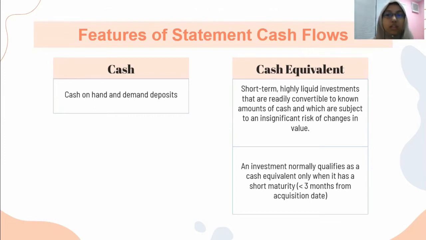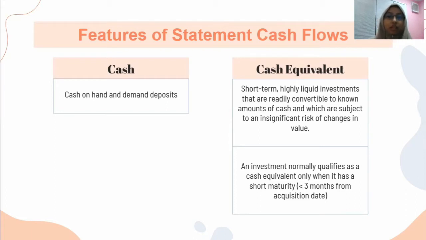Investment normally qualify as cash equivalent only when it has short maturity, which is less than 3 months from the acquisition date. It also should be highly liquid, which means that they should be easily sold to the market and easy to find buyer of this investment. Convertible to known amount of cash means that its market price should not subject to significant fluctuations.